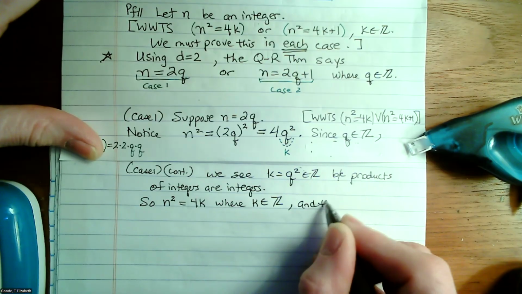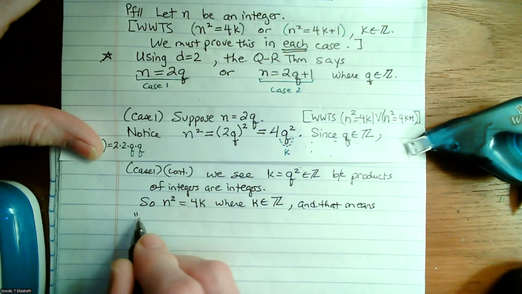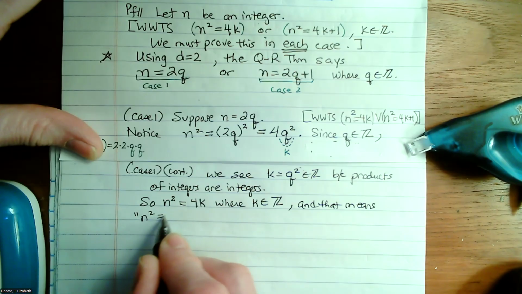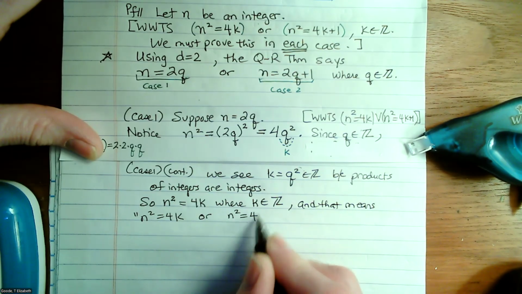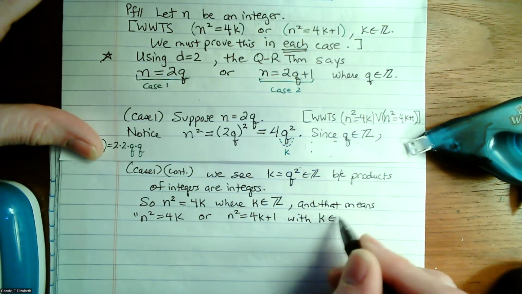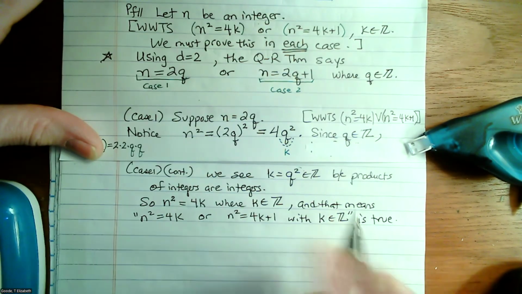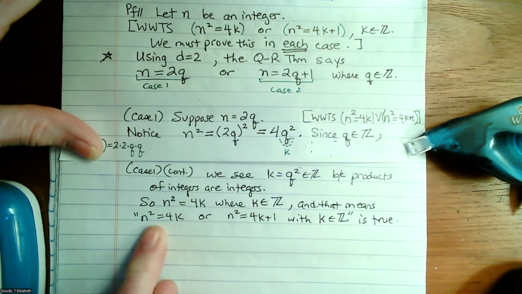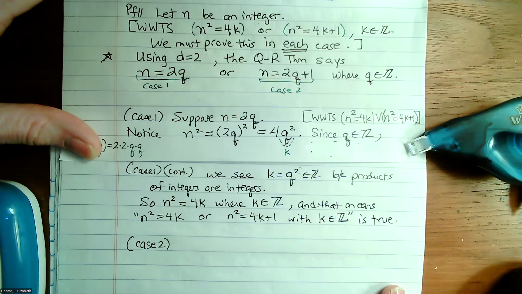And that means that the or statement, n squared equals 4k, or n squared equals 4k plus 1, with k in Z, is true. That statement is true because we proved that this component was true. Are you with me?